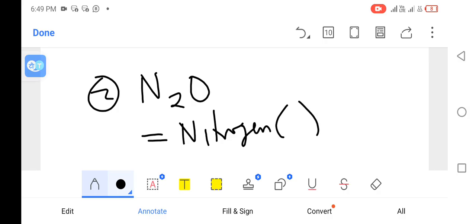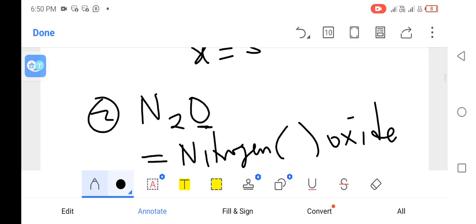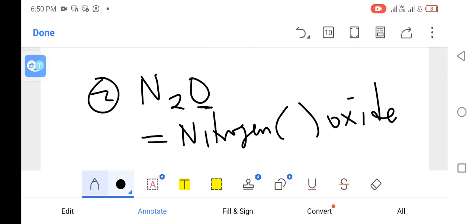Give a gap. Oxygen becomes oxide, because it must end with IDE if it's a binary compound. Now, this is nitrogen, and we don't know what it is.